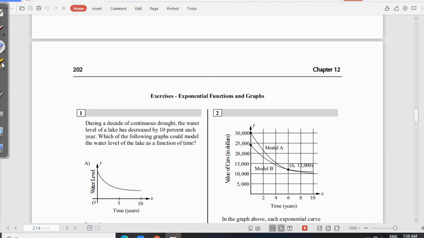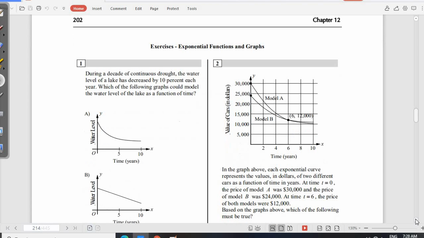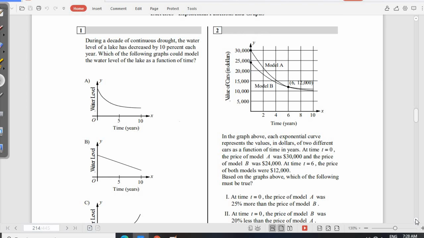Okay, let's look at question number 1. Although they don't stress you too much when it comes to this, they're just simple questions in SAT. Look at this. During a decade of continuous drought, the water level of a lake has decreased by 10% each year. Which of the following graphs could model the water level of the lake as a function of time?